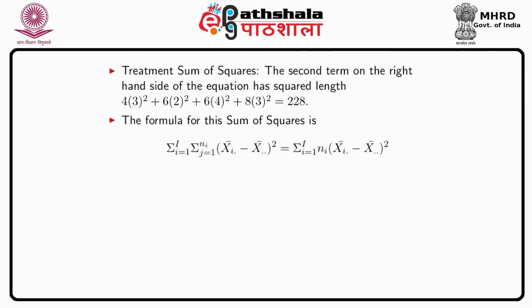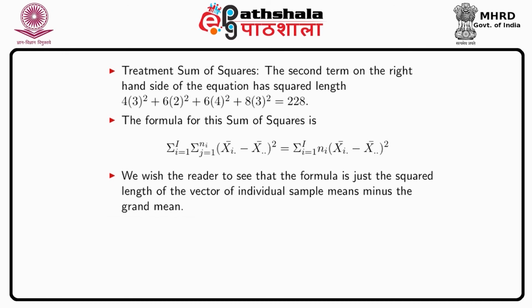The formula for this sum of squares is X i bar minus X bar whole square, and we have taken the sum over all the observations which belong to each of the diets, and also the sum has been taken over the 4 different diets. So what we have in effect is the sum over all the diets N i times X i bar minus X bar square, where N i stands for the number of observations belonging to each of the diets.